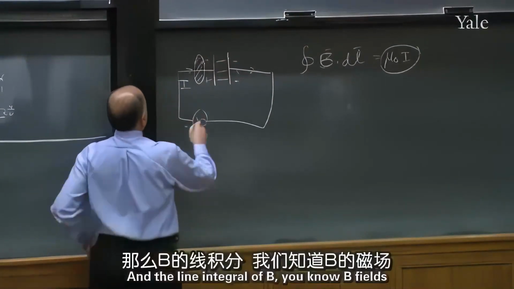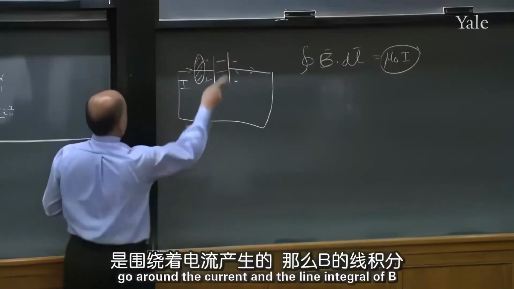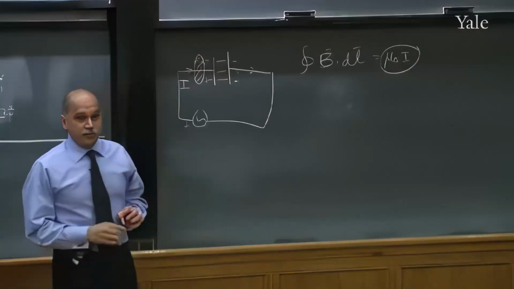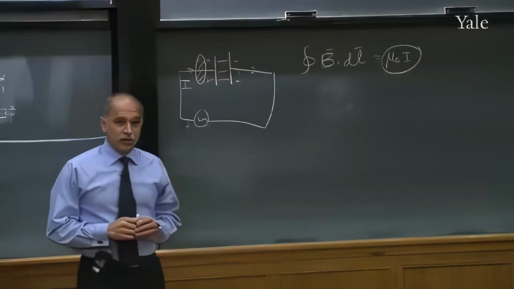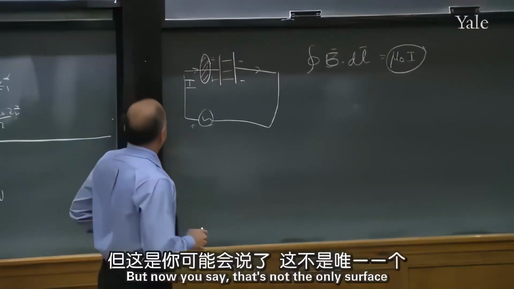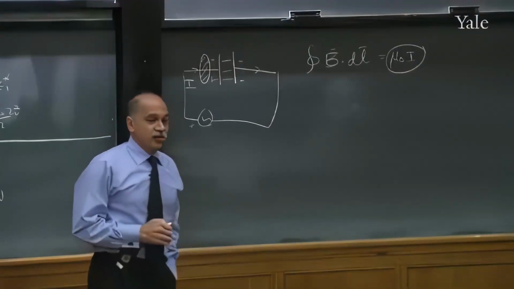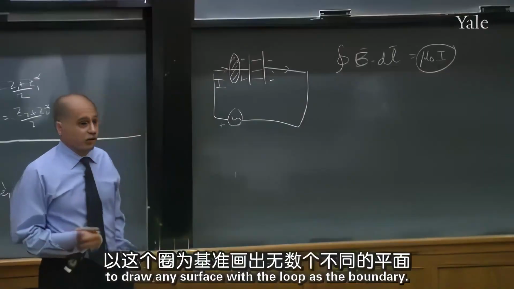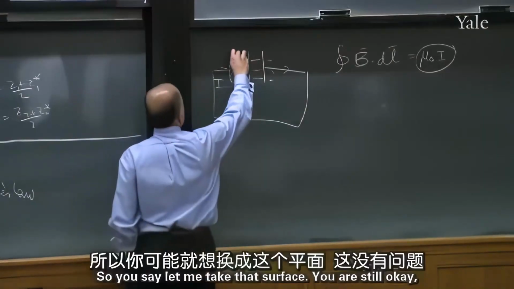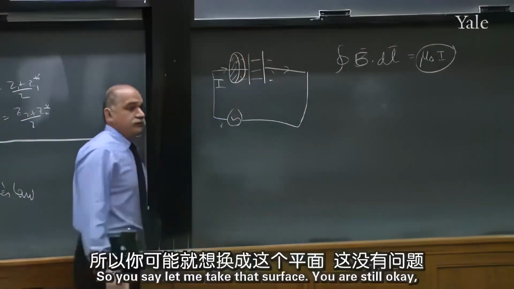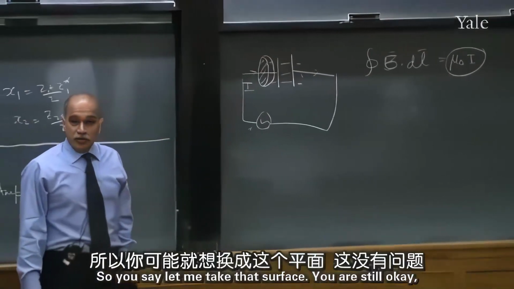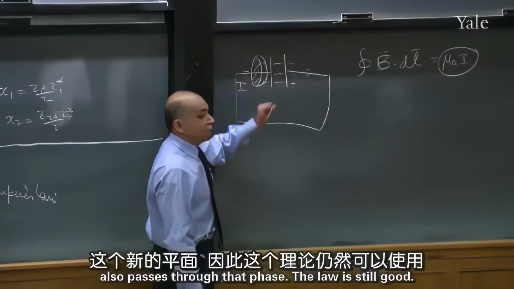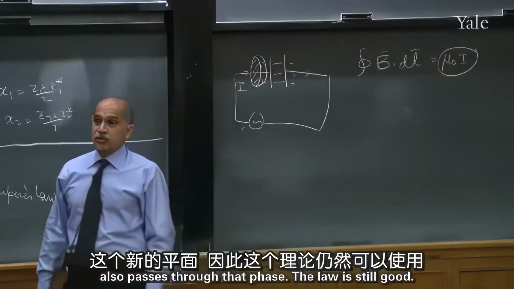In the line integral of B, you know B fields go around the current, and the line integral of B around the loop will be the current crossing that shaded surface. That's how we get Ampere's law. But now you say, that's not the only surface with that loop as the boundary. I should be able to draw any surface with the loop as the boundary. So you say, let me take that surface. You're still okay, because whatever current passes this face also passes through that face. The law is still good.